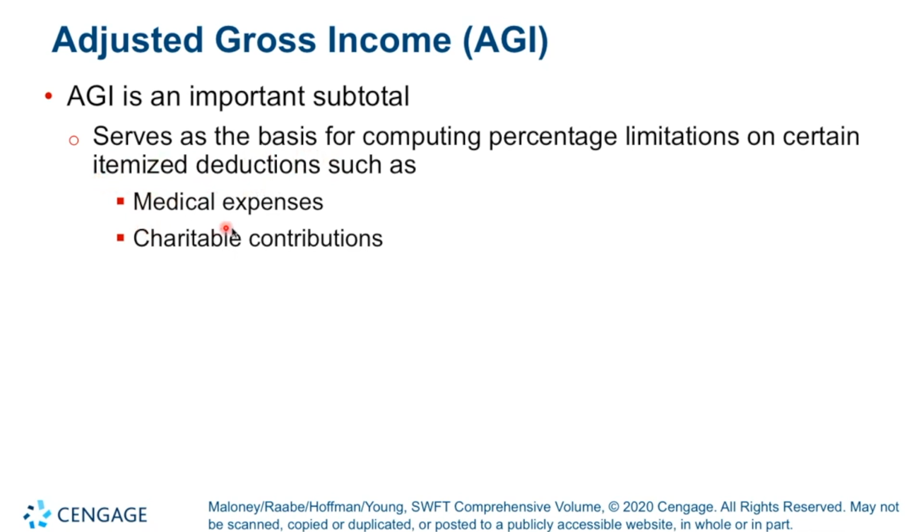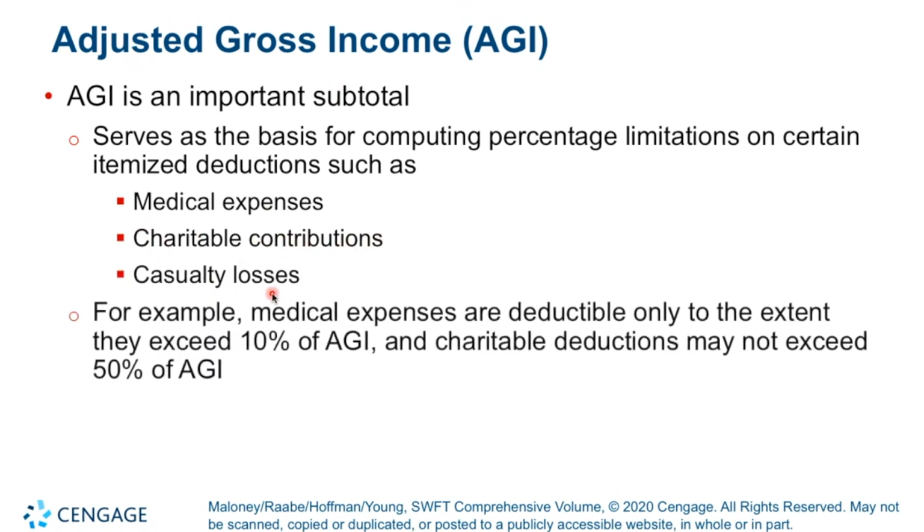So for example, medical expenses, it's actually limited. The amount you get to deduct is limited based on a percentage of AGI. It's fairly high, 7.5%. Charitable contributions, you can pretty much take charitable contributions. It's a high percentage. Casualty loss is at 10%.